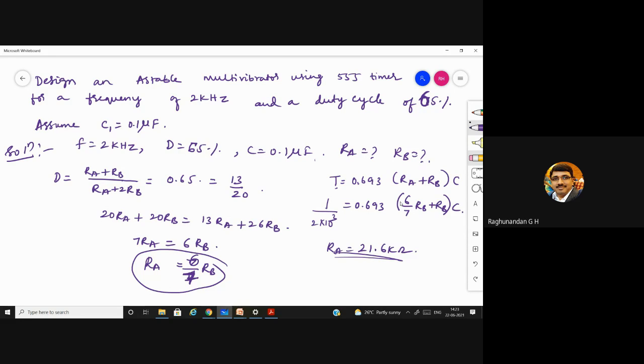Any other value, or are you getting the same value? Just simplify this, add it, and cross multiply. C value is also known, 0.1 microfarad. Sir, I got RB as 25.2 kilo ohm.